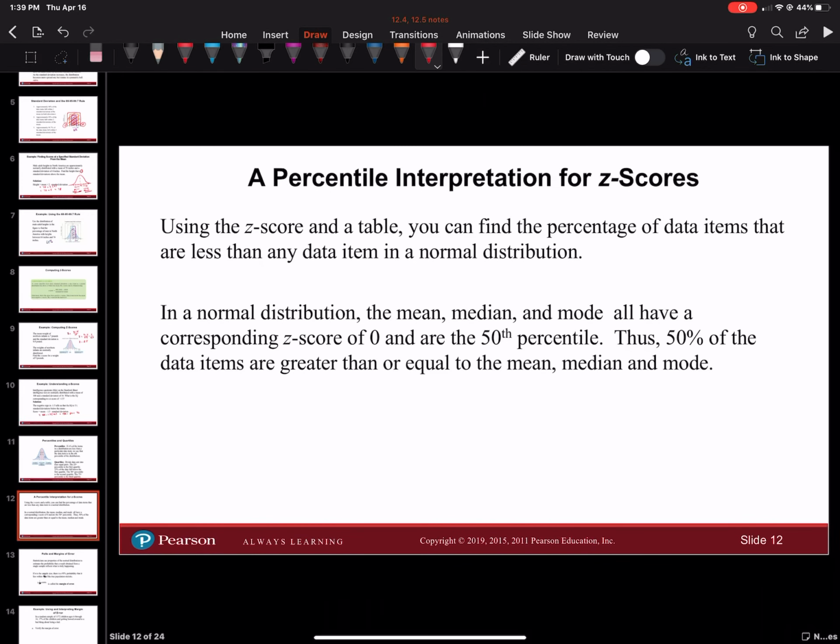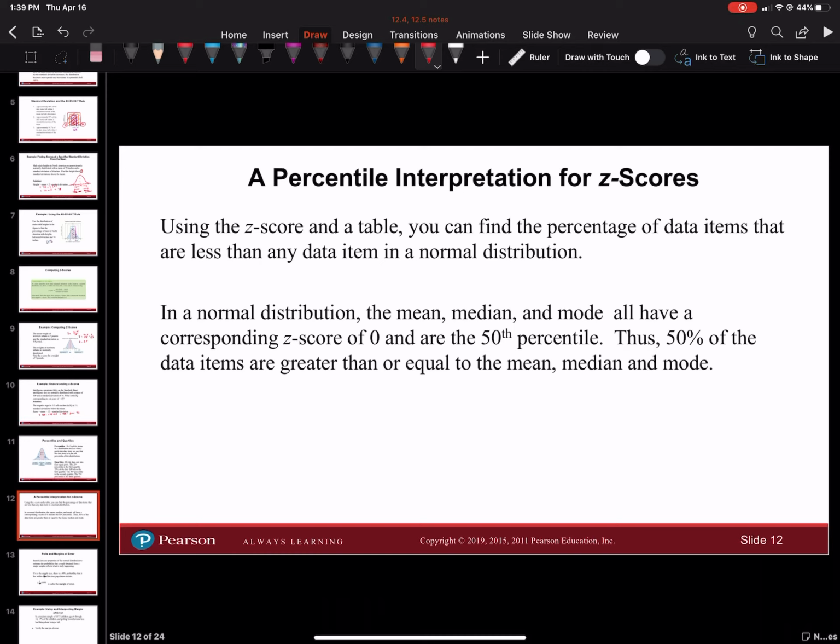So percentiles, interpretation for z-scores. Using the z-score in a table, you can find the percentage of the data items that are less than any data item in a normal distribution. In a normal distribution, the mean, median, and mode all have corresponding z-scores of 0 and are the 50th percentile.